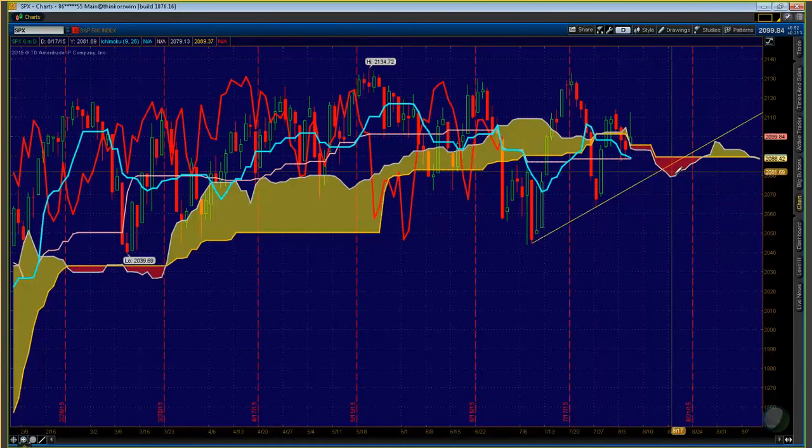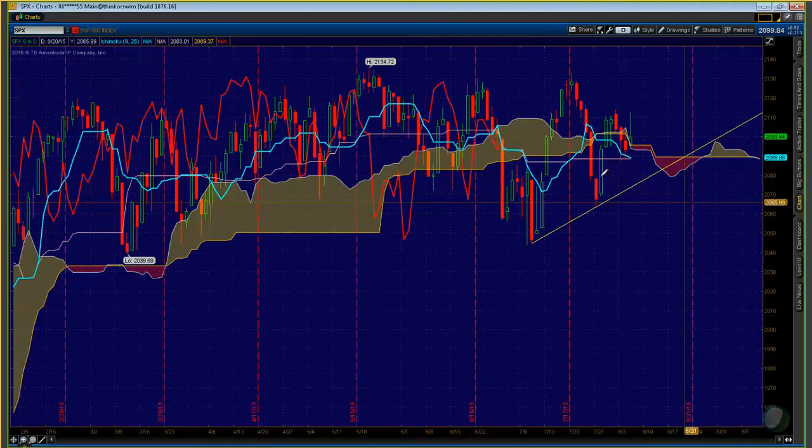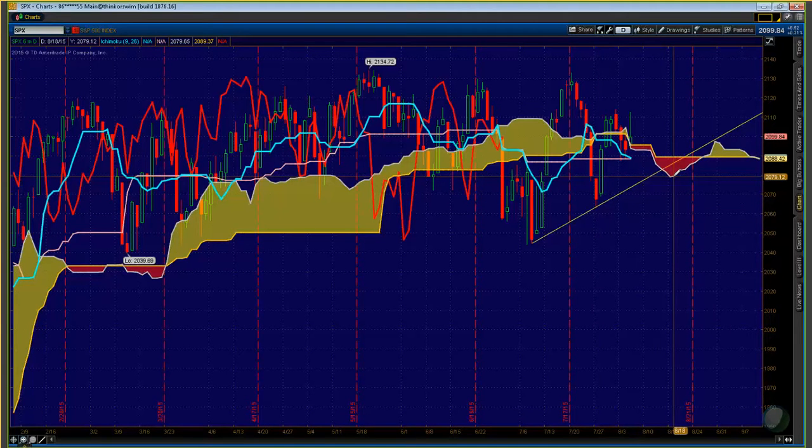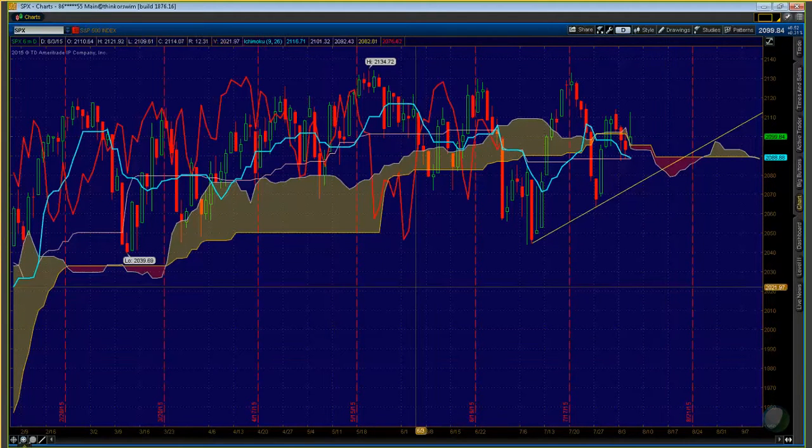So, we're not going to break a very big downtrend until we get down in this area, which would be right about at the base of this candle here. And that kind of lines up with the future span A. The more correlations you can get with the support and resistance area with Ichimoku indicators, the stronger that support and resistance area can be.